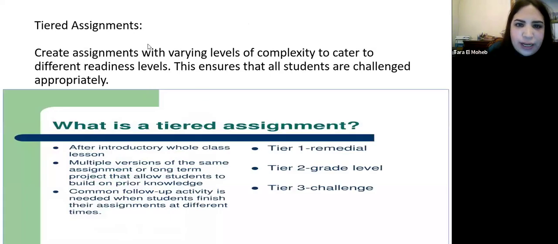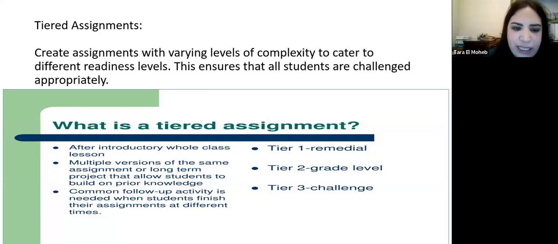Tiered assignments. Create assignments with varying levels of complexity to cater to different readiness levels. This ensures that all students are challenged appropriately. For example, after an introductory whole class lesson, this is introductory, this is remedial. Then it becomes harder, more difficult.